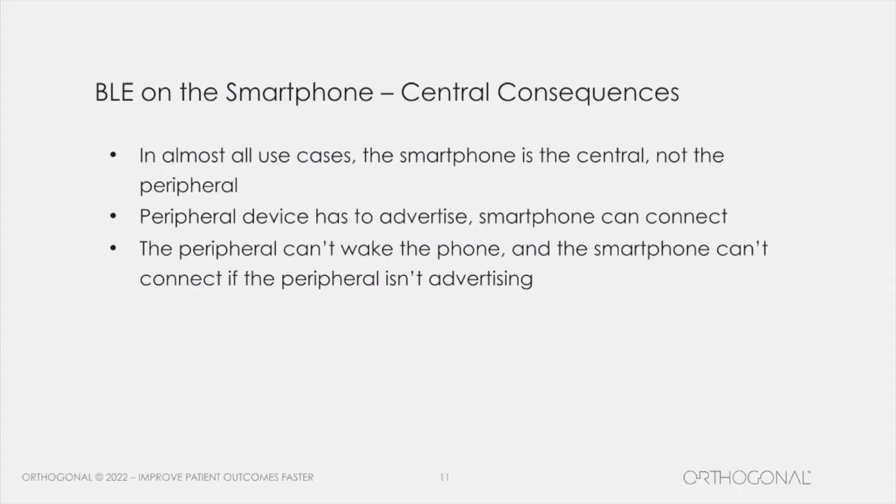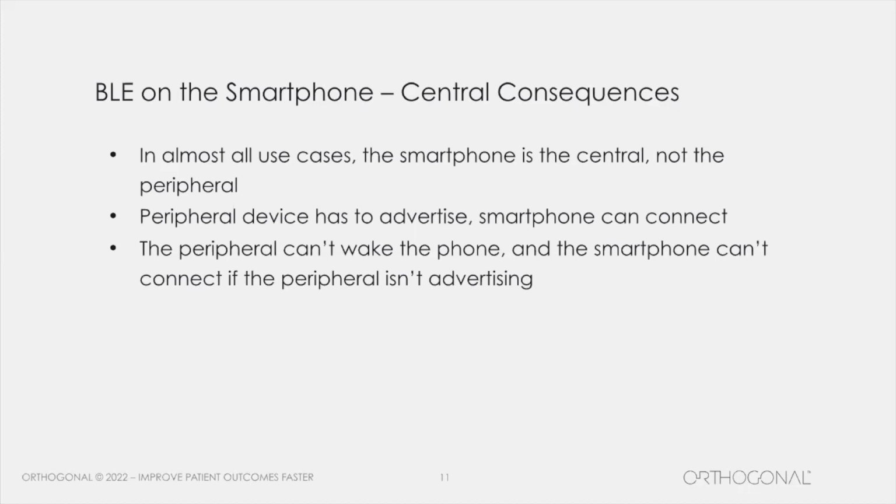And if we look at the smartphone side, I would say almost all of the use cases that we see, the smartphone is the central and not the peripheral. So if I am connecting my smartphone to a glucometer, for example, and getting data from that, typically that is the smartphone as the central and the glucometer as the peripheral.